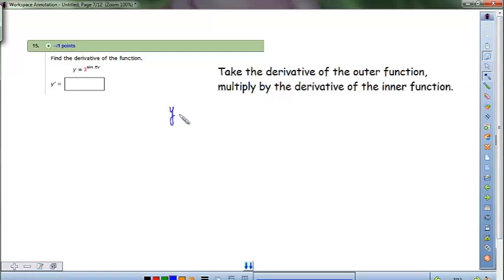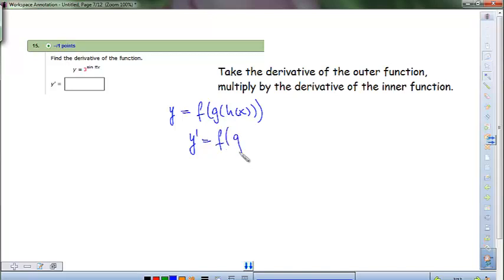If your y is equal to f of g of h of x, it's kind of strange to write it that way, but that's exactly what's happening here. And I will identify the f, g, h, etc. So your derivative will be f prime evaluated at g of h of x, times the derivative of the inside, which is another chain rule.